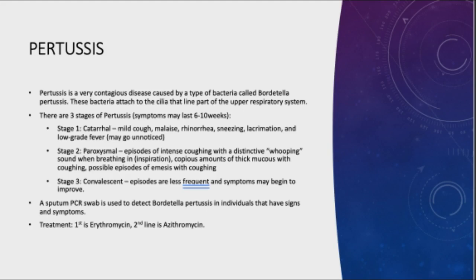Transmission of disease can occur during the catarrhal stage and then during the first 2 to 3 weeks of the paroxysmal phase. Vaccination against pertussis should be encouraged among children according to the current CDC guidelines. Typically, the DTaP vaccine, as we call it, or the Certiva, will cover diphtheria, tetanus, and pertussis.